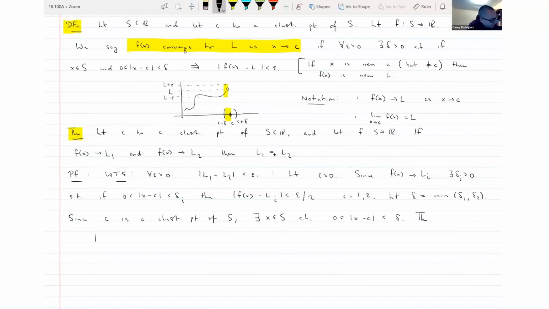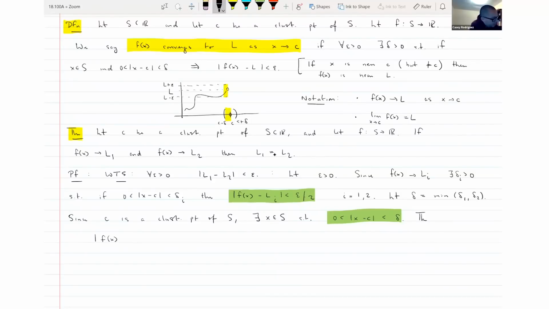Then, since X is in this interval, remember I have this inequality for i equals 1, 2.